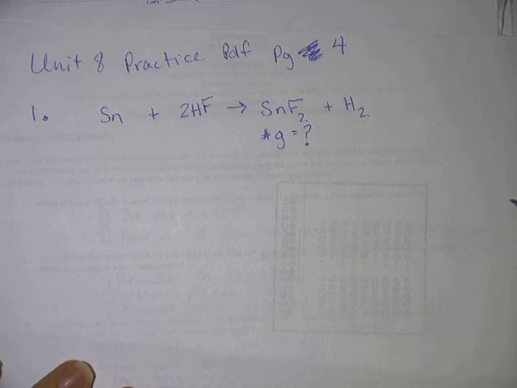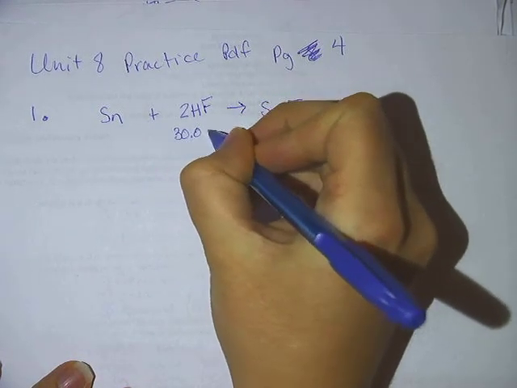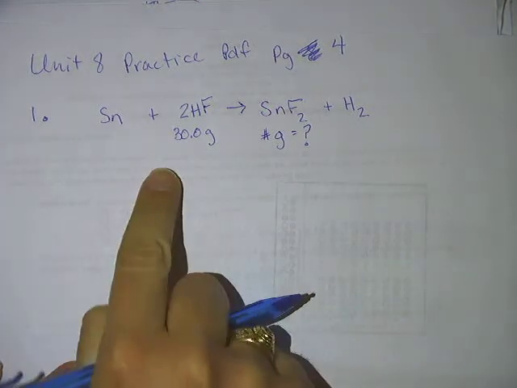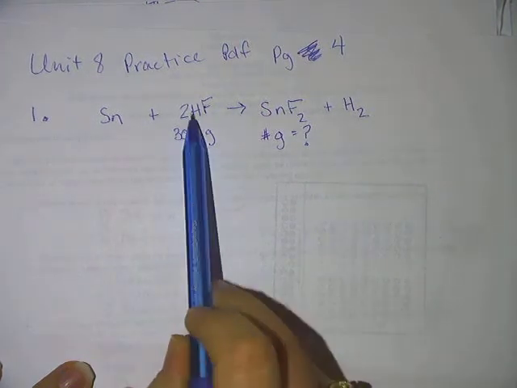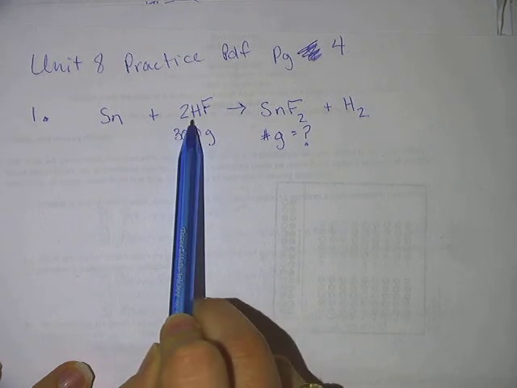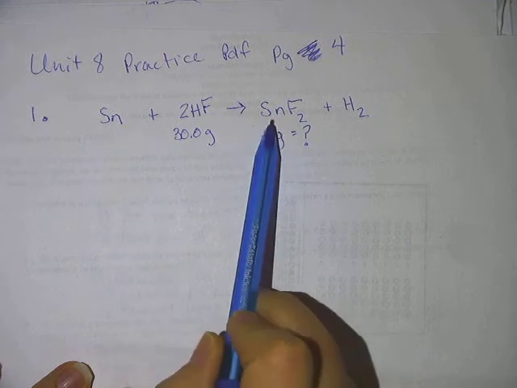How many grams of SnF2 are produced from the reaction of 30 grams of HF with Sn? So they're saying we're using this reaction, 30 grams of HF with Sn, and they're asking us about this.